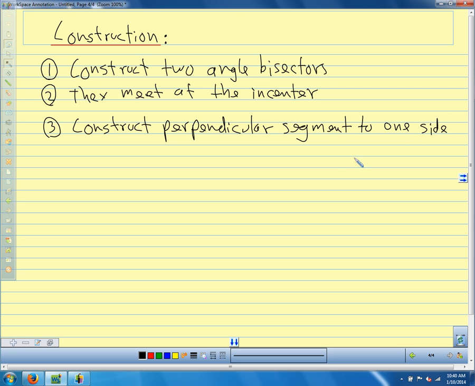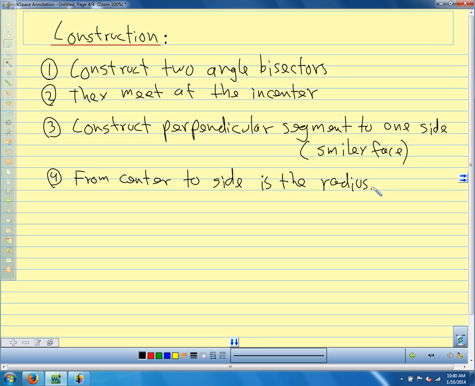And that construction is our smiley face construction. The length of that segment from the center to the side is going to be our radius. So that's how we're going to find our radius.